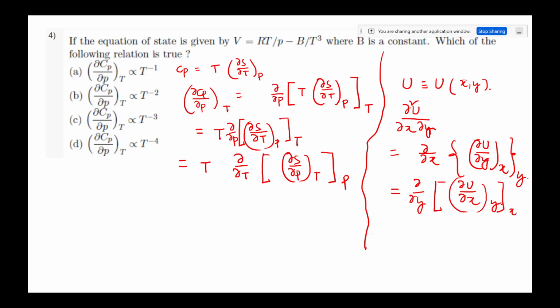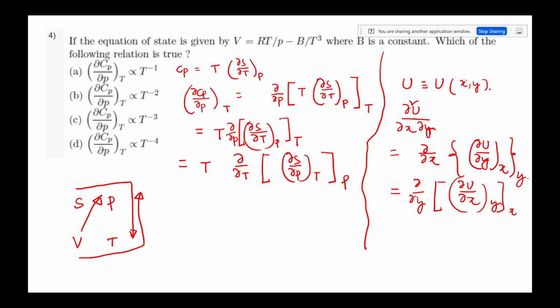Now we will use the Maxwell relation. So S P T V. S P T means this way and this will be this way.